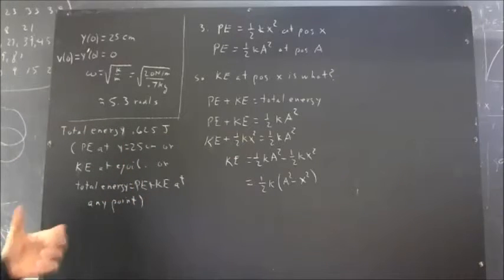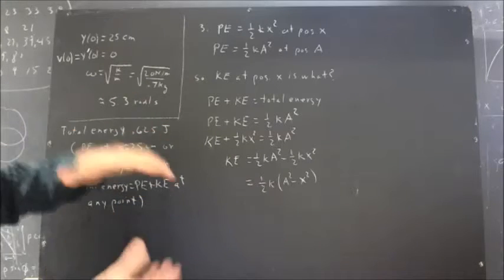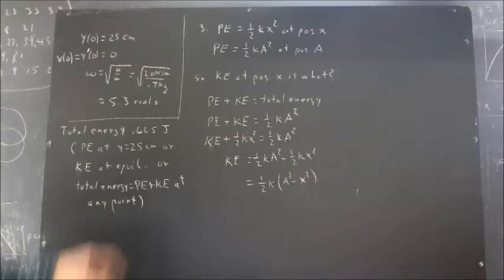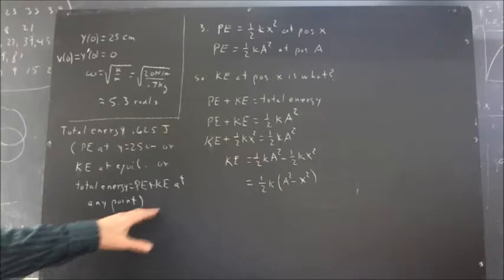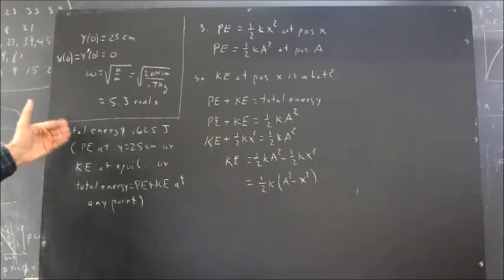But you can treat this just as the potential energy due to just the spring relative to the equilibrium position. We talked about that a little bit, and I could go into more detail, but I don't have time right now. And I think we talked about that to everyone's satisfaction. Okay, so this pretty much gives us all the information we need to answer all the questions in question number 2.